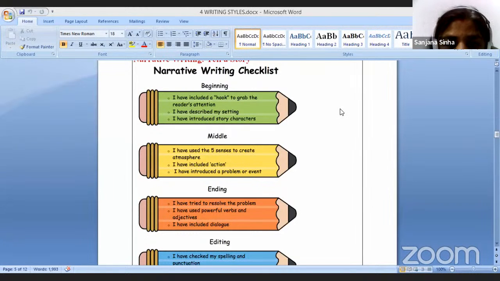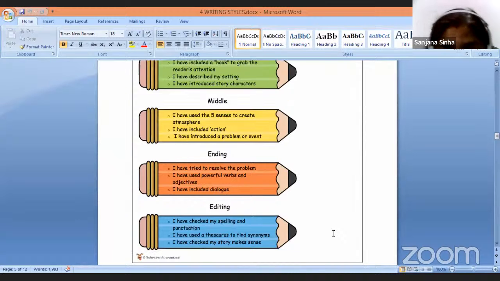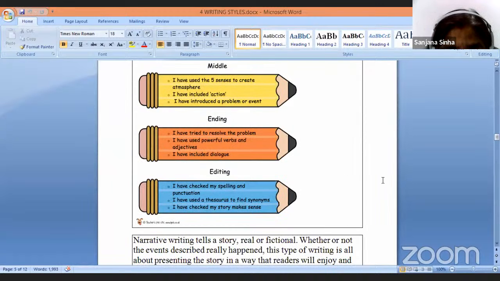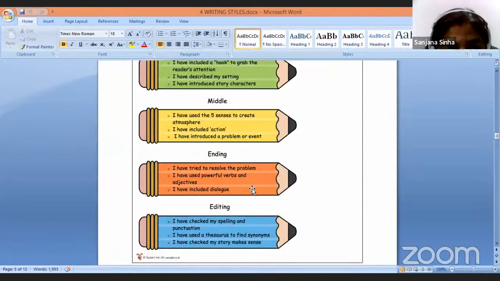It creates a vibrancy. It arouses interest in the reader. It creates a picture. So the ending will include resolving the problem, using powerful verbs and adjectives, and including dialogues.